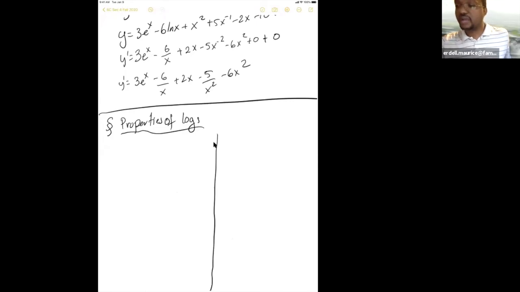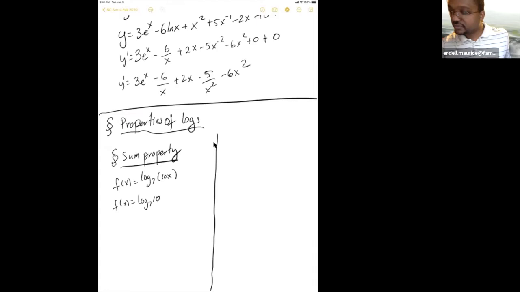The first property of logarithms was called the sum property of logs. The sum property said that if I have a logarithm, say log base 7 of 10 multiplied by x right here, then this can be simplified. f of x is equal to log base 7 of 10, and the multiplication between these two terms becomes addition, so plus log base 7 of x.